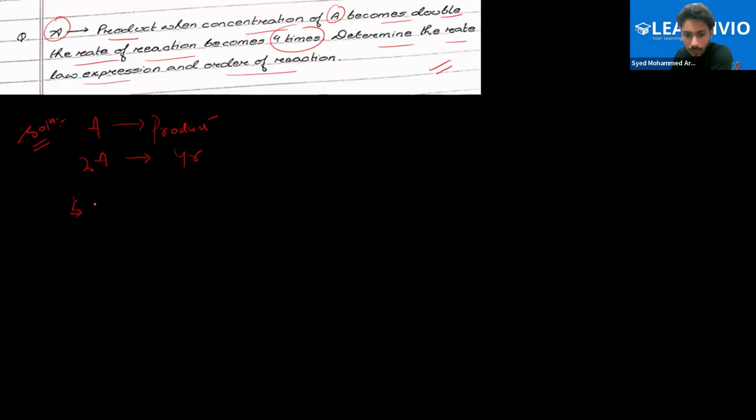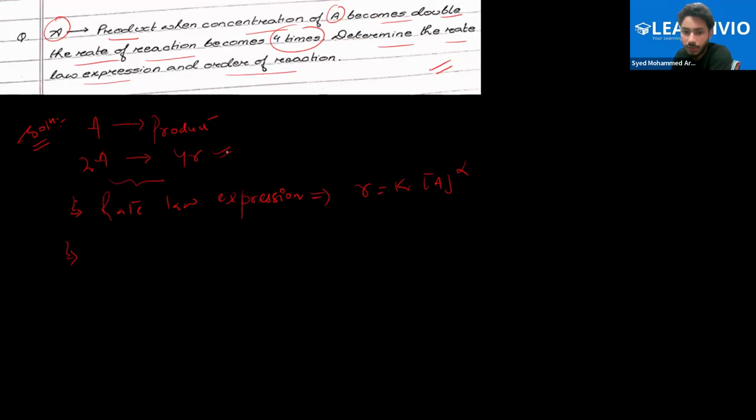So the rate law expression is basically R equals K A to the power of alpha, and it is given that if my A becomes double, then the rate becomes 4 times.